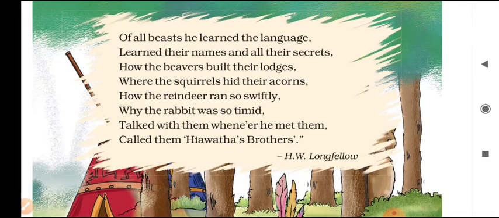Of all beasts he learned the language, learned their names and all their secrets, how the beavers built their lodges, where the squirrels hid their acorns, how the reindeer ran so swiftly, why the rabbit was so timid, talked with them whenever he met them, called them Hiawatha's brothers.